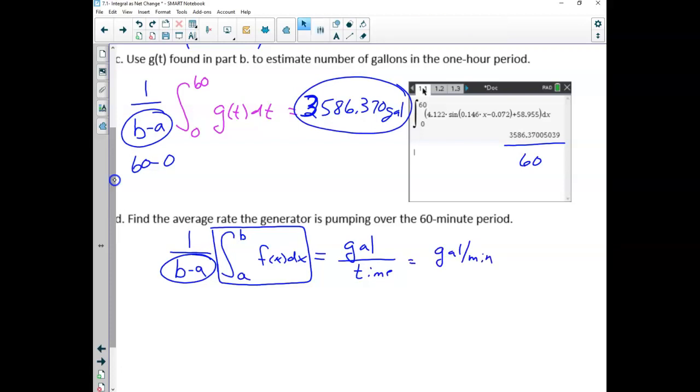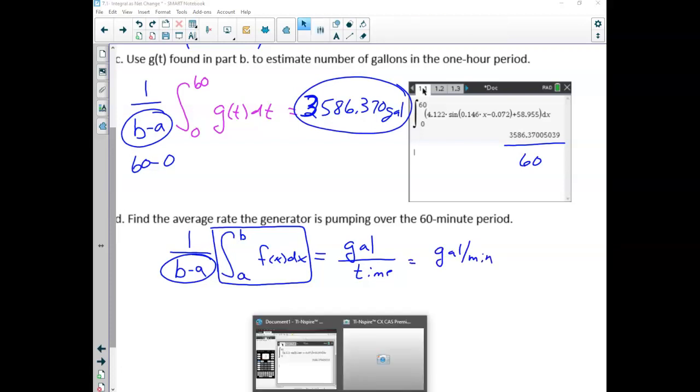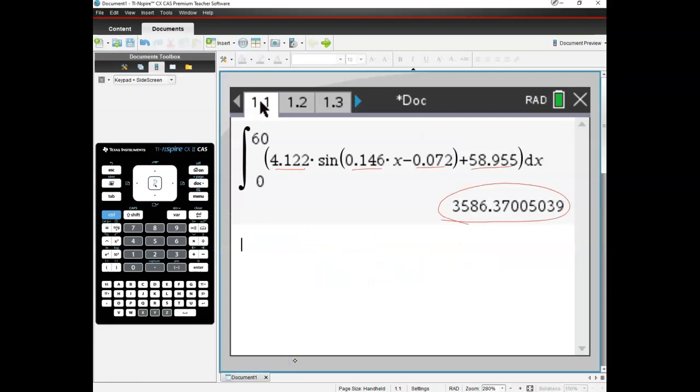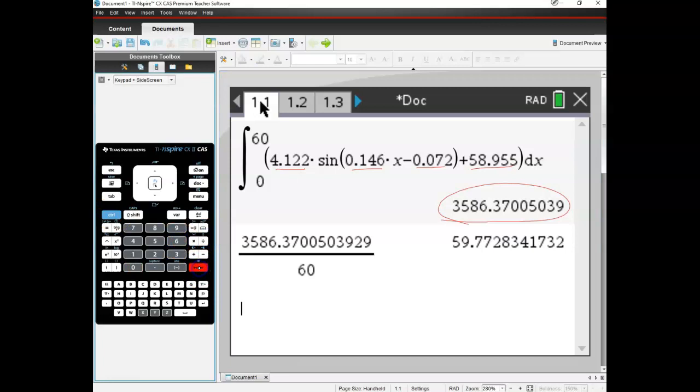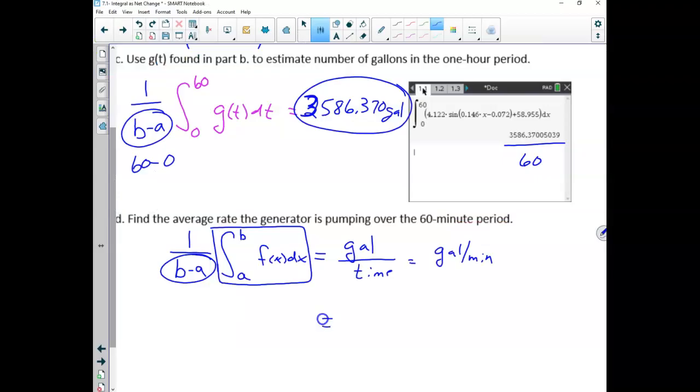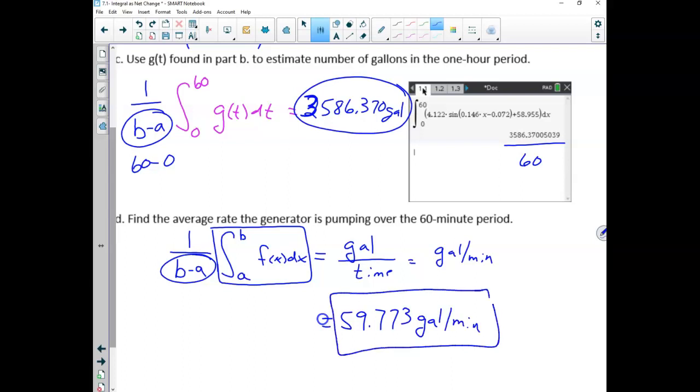Okay, that's going to give me my average of gallons per minute. So if I came back here and divided by 60, I'm getting 59.773 gallons per minute. That would be my average value across the interval.